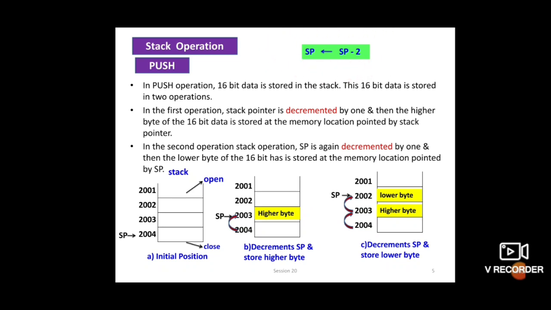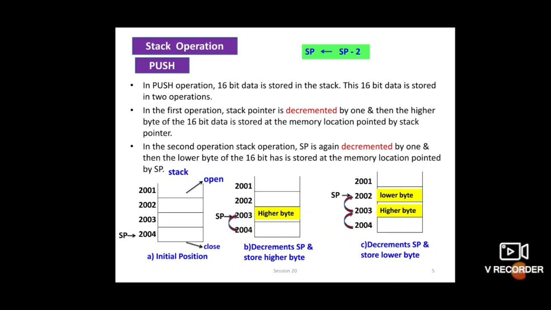So when data is stored, the push operation is used, and the stack pointer is decremented by 2. Why? Because 16-bit data is divided into a higher 8-bit and a lower 8-bit. Whatever data is stored in an address or register, suppose the BC pair is used, then B is the higher register and C is the lower.